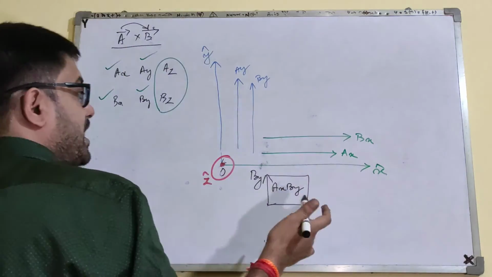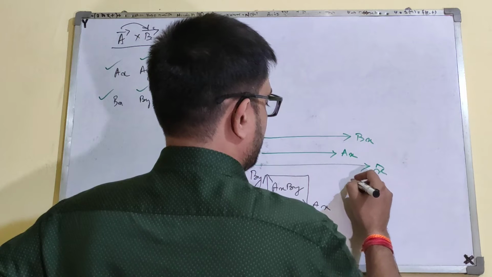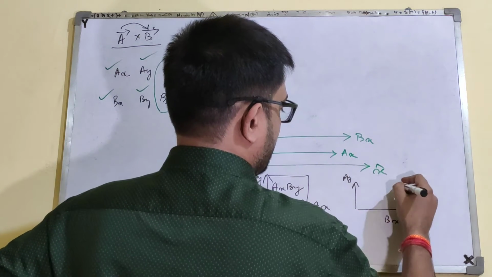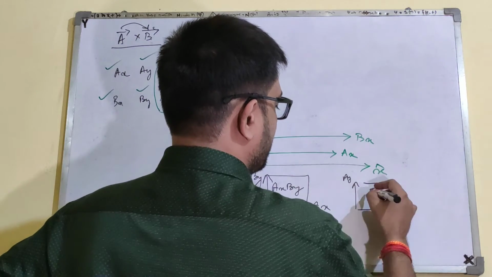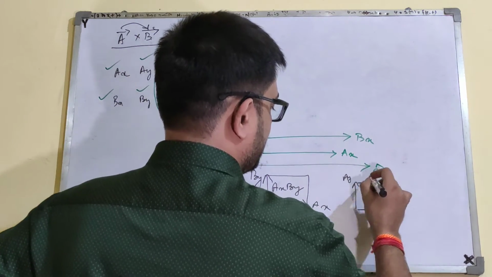Now ay has to cross bx. Again, that will also be a rectangle, and that area is ay bx, right?